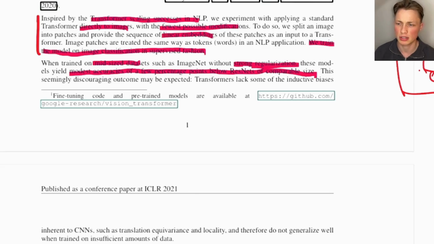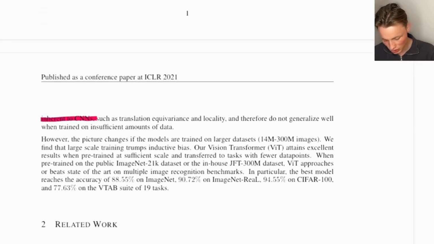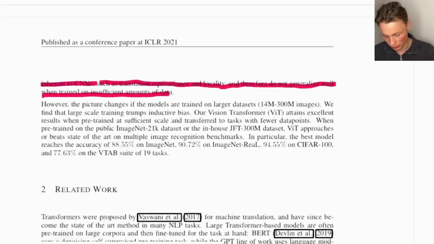So the model didn't achieve the same result as ResNets, a little worse, but not too much worse. And the authors are claiming, okay, this is as expected. Why? Transformers lack some of the inductive bias inherent to CNNs, such as translation equivariance and locality, and therefore do not generalize well when trained on an insufficient amount of data.